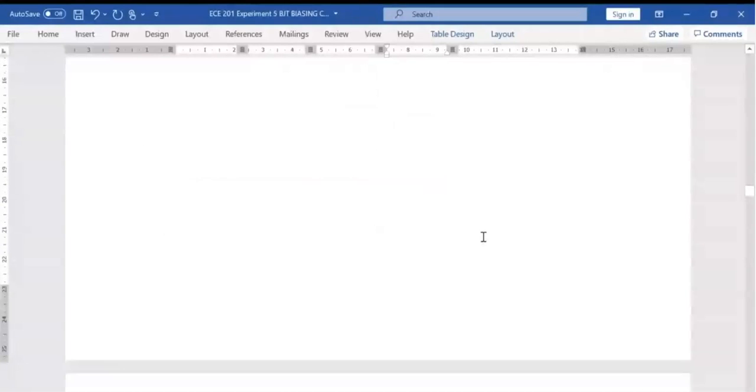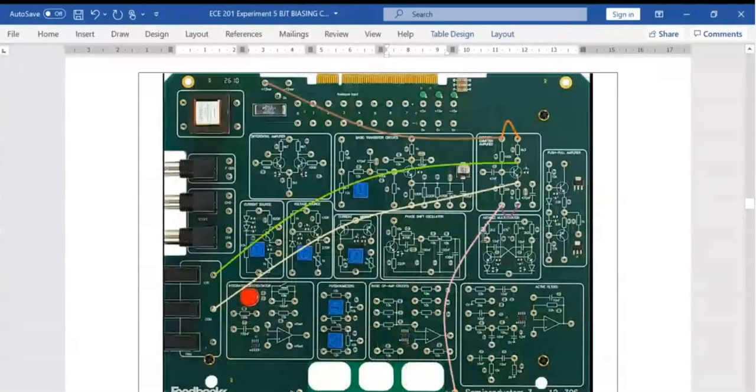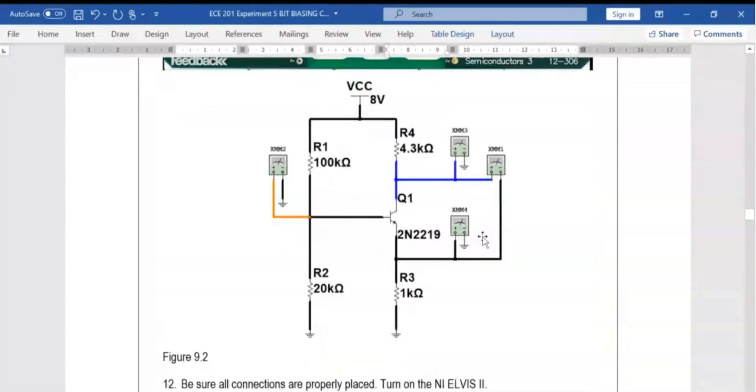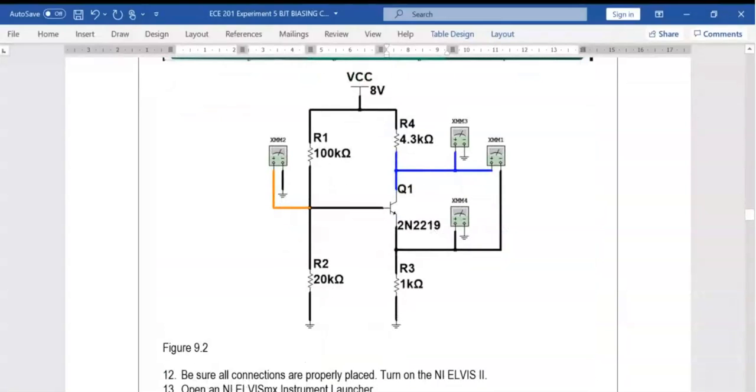So for this procedure, you need to connect this circuit. So we need an 8-volt supply, R1 100K, R2 20K, R4 4.3K, and R3 is 1K.